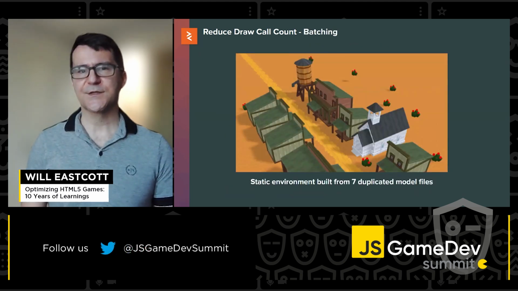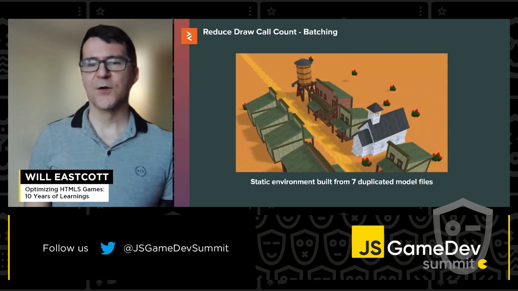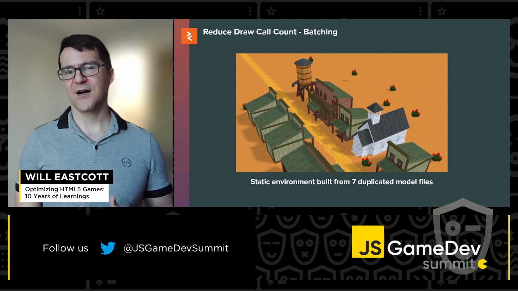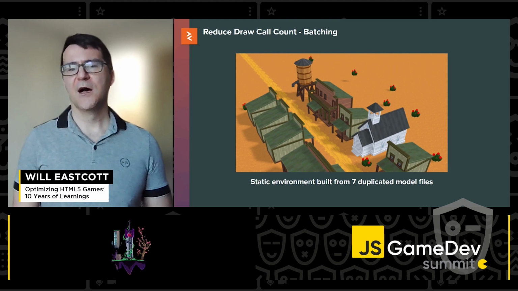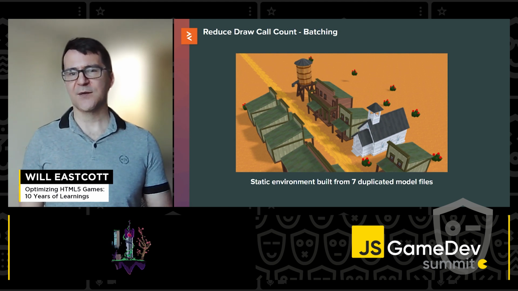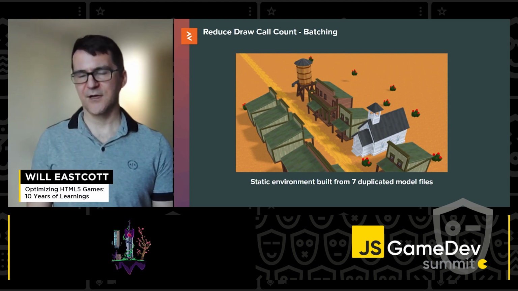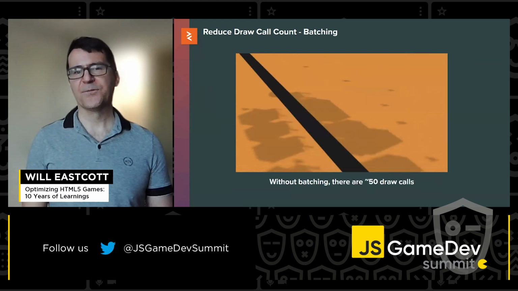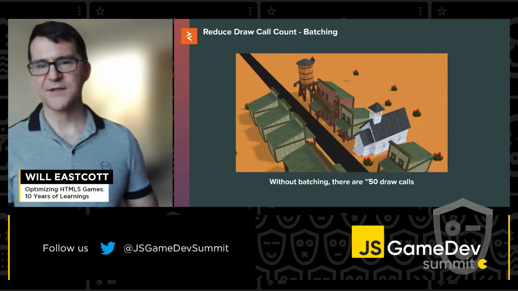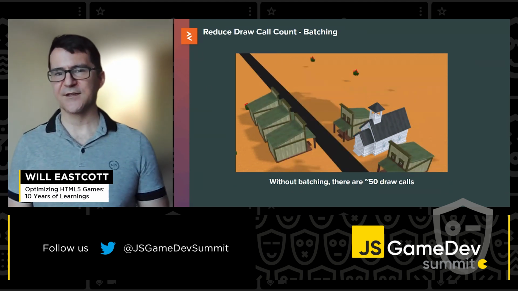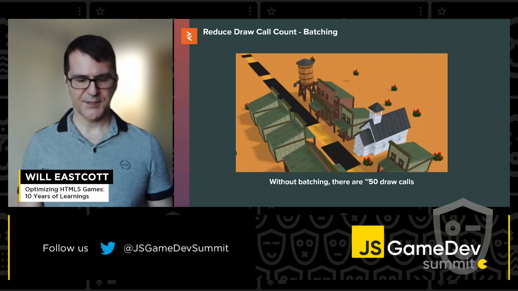Another technique is batching, where we have an environment that's rendered using 7 distinct models. And some of these models are rendered multiple times. For example, some of the buildings are duplicated, the cacti are duplicated. When we render this scene normally, you can see there's an individual draw call per object.